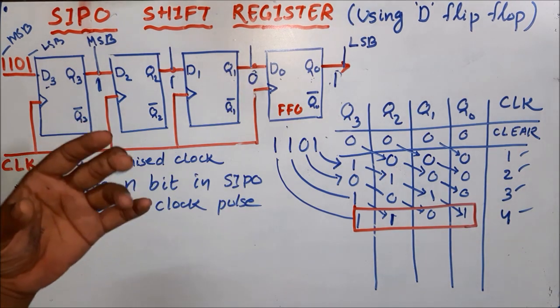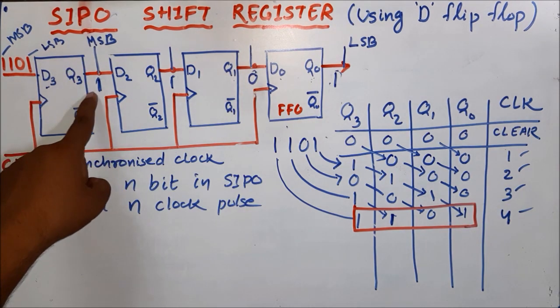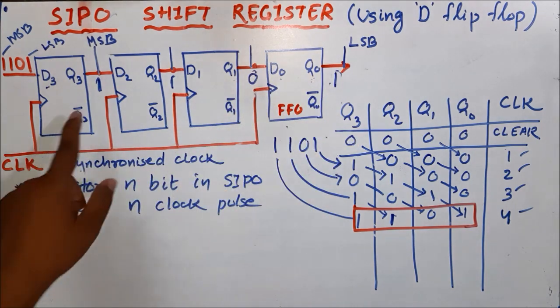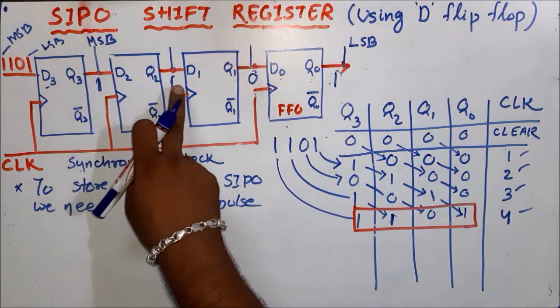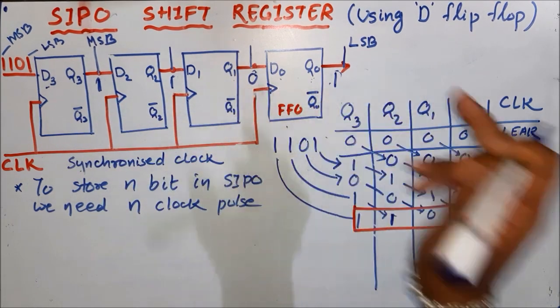To take the output, we connect wires from here, here, here, and here. That means all the values are already available. So without applying any clock pulse, we can retrieve 1, 1, 0, 1.